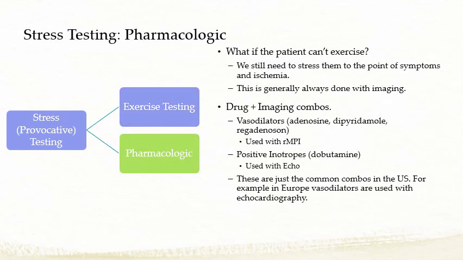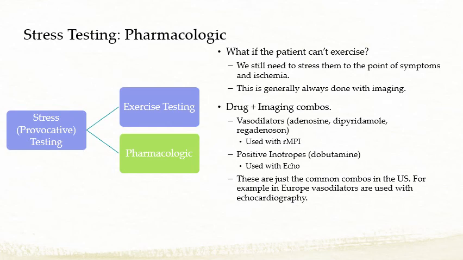So what if the patient can't exercise? Then you need to stress them with pharmacologic ways. This is always done with imaging on top. It's not just an EKG, so you do it with echo or an RMPI. Here are some of the combinations of drugs and imaging. I'm not going to test you on these things. I think it's just a good thing to be exposed to.